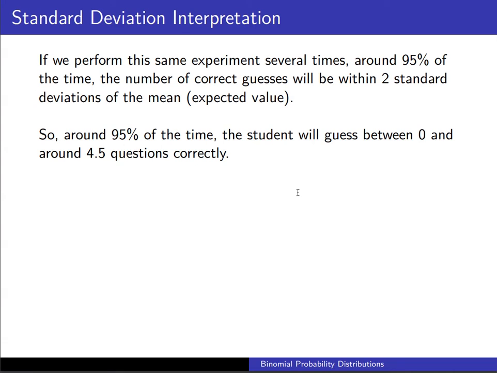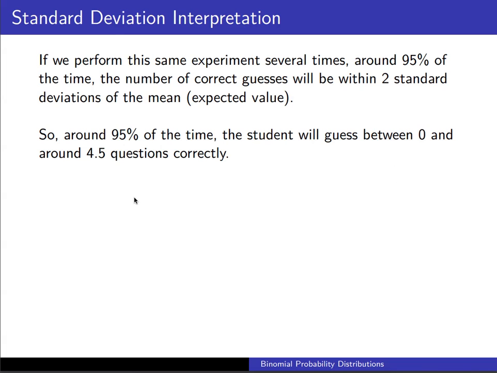So around 95% of the time, a student is going to guess between 0 and 4.5 questions correctly. So we take our mean of 2 and our standard deviation is about 1.25. 2 standard deviations is 2.5. So 2 minus 2.5 is, well, negative, so we'll just say 0. 2 plus 2.5 is 4.5.